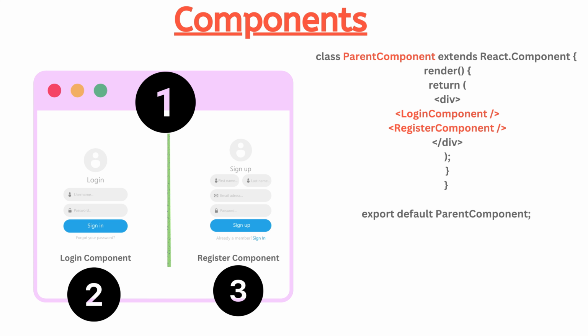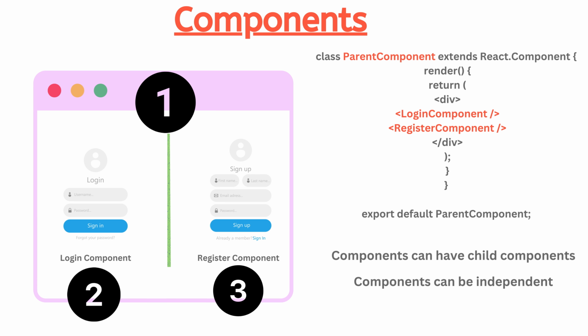Components can have child components also, like in this example, within the parent component, login and register are the child components. And components can be independent. If you see the login component and register component, there is no parent-child relation between them, but both have the same parent, which is the parent component.